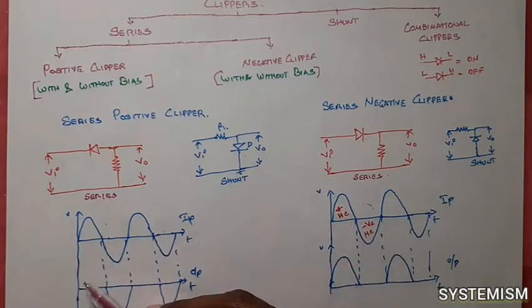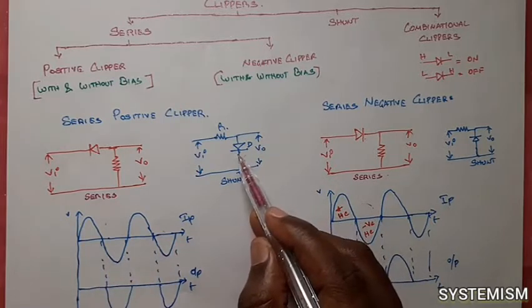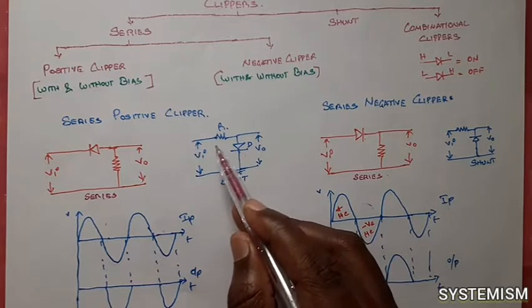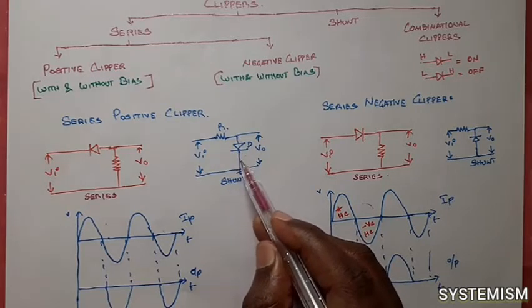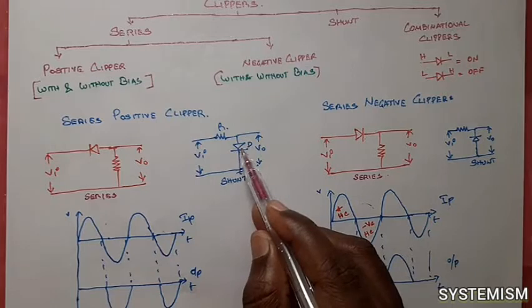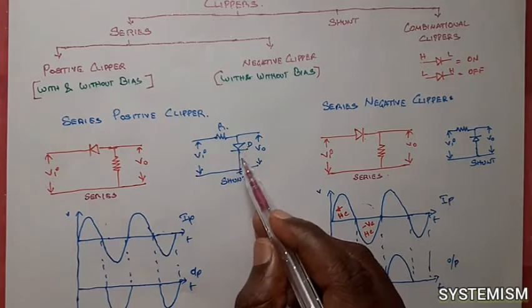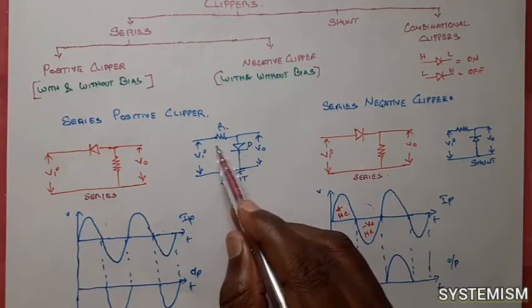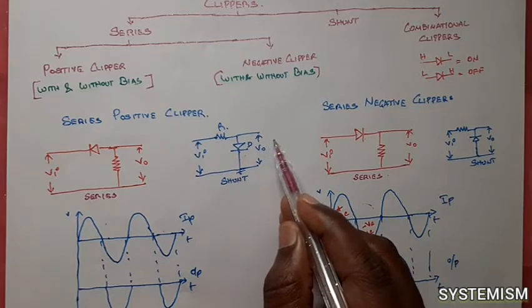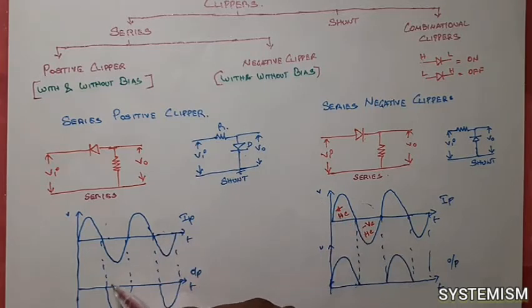So that is why no signal is coming here. Then if you give negative values, here negative and here 0, this diode will be in the off condition. If the diode is off, all the signal coming here will be transferred to your output. So that is why we are getting the output signal.